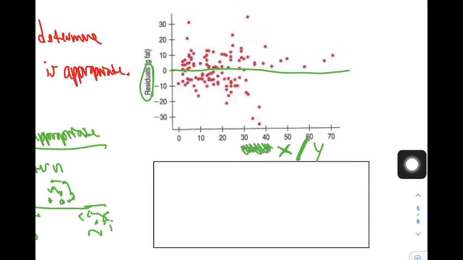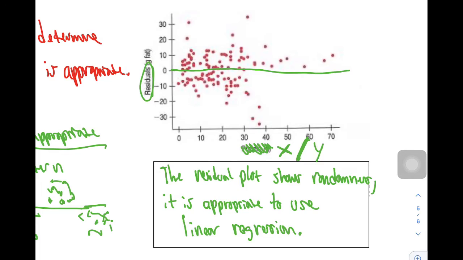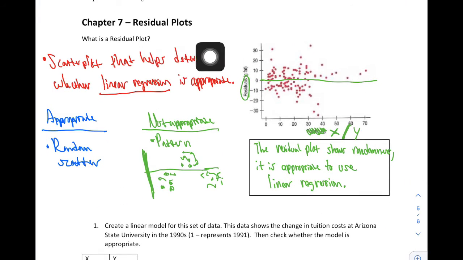So in this case, since the residual plot shows randomness, it is appropriate to use linear regression. If there's anything I want you to take from today, it's: what is a residual plot, and why do we use it? It's just another plot for the same data that helps us decide, should we use linear regression or should we not use linear regression?